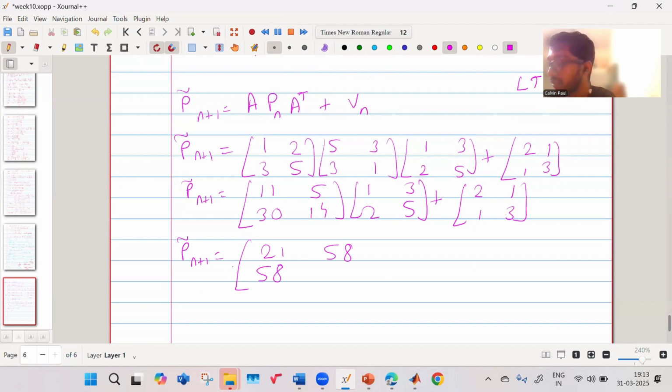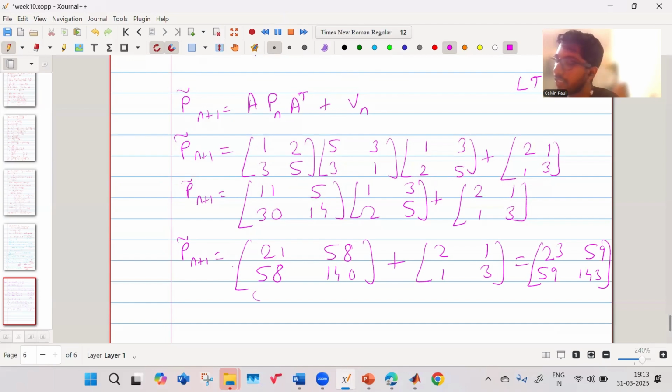Okay, symmetric. 19 plus 14 into 5, 70. So this is 140. This is 140 plus 2, 1, 1. So this becomes equal to 23, 59, 59, 140. If you observe carefully, this also is symmetric. So these are things which you can use to verify your calculation, so that you will know that you're on the right path. Or at least you will know if you have made a blunder.